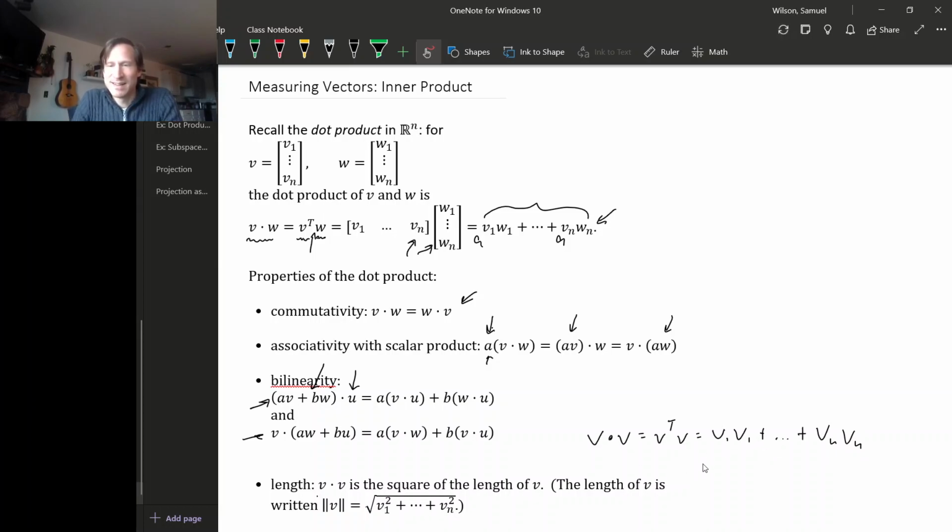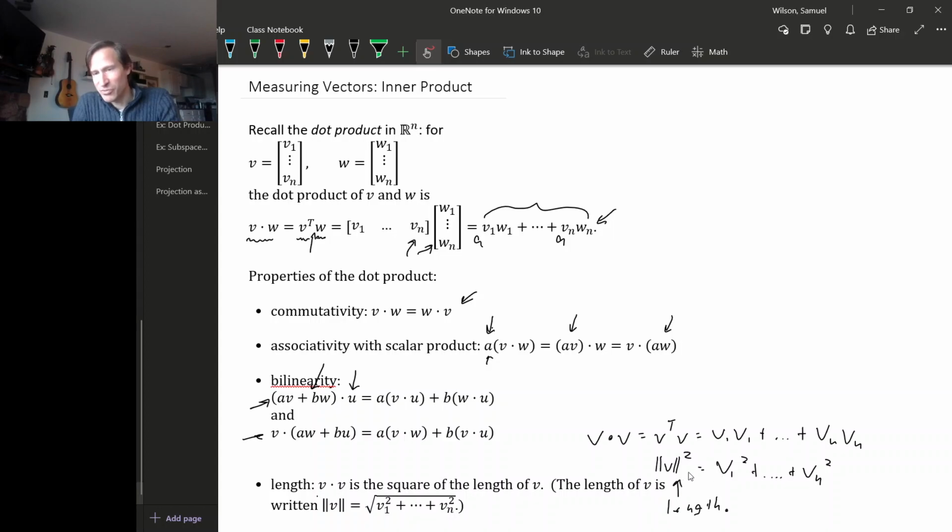And so this is v1 squared plus dot dot dot plus vn squared. And just by the Pythagorean theorem in n dimensions, this is the square of the length of v. These double bars denote length in Rn.